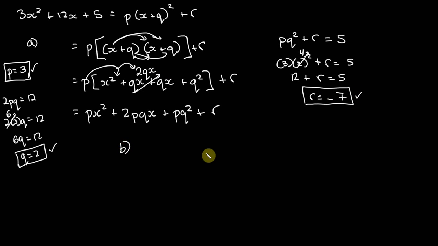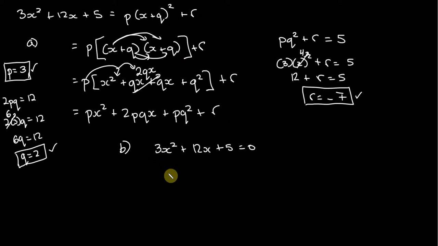Now for part B, and this serves as a bit of fun revision, I suppose. It asks to solve the equation 3x squared plus 12x plus 5 equals 0. It looks a bit tricky to solve by factorization. But I think the big hint here is that at the very outset, it states very explicitly that 3x squared plus 12x plus 5 is equal to p times (x plus q) squared plus r.